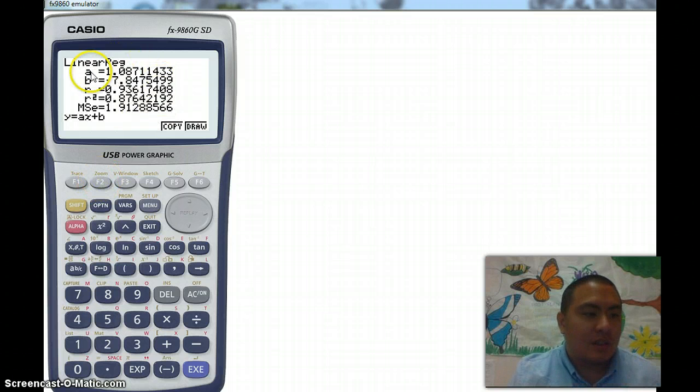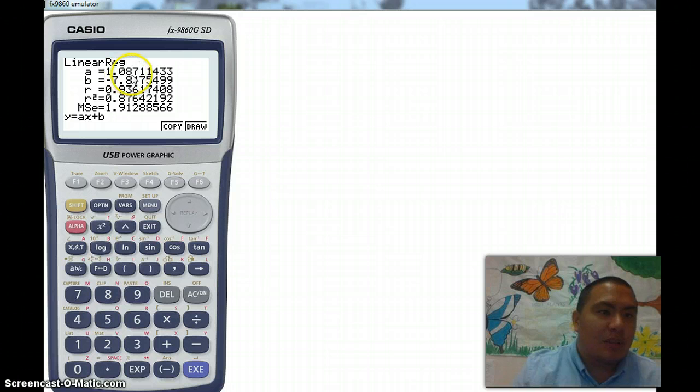And here it is. My a is 1.08, and I typically just do 3 digits, 1.08. You could do 1.09 if you wanted to round to 7 over here. My b is negative 7.84, and if you want to round, that could be negative 7.85. Okay.